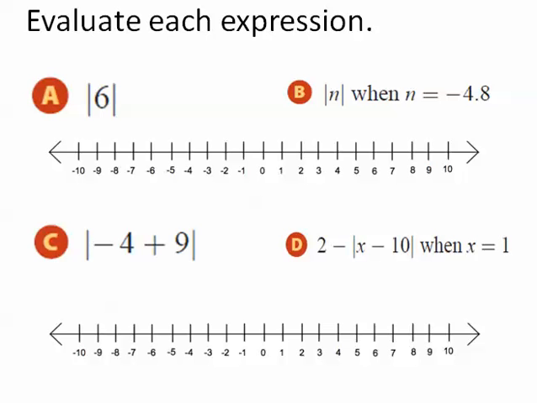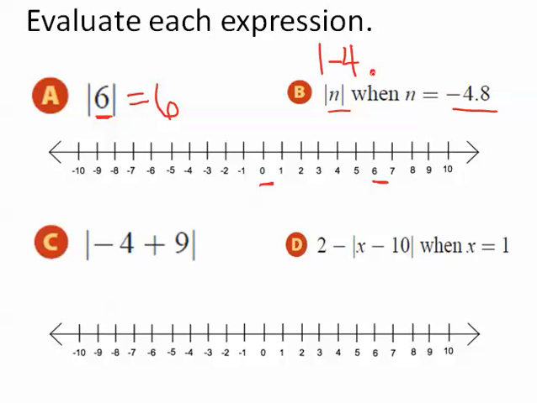Okay, so we're going to evaluate these expressions. So the absolute value of 6, how far is the 6 from 0? Well, that's still 6 units. Here it says the absolute value of n. Well, n is -4.8.